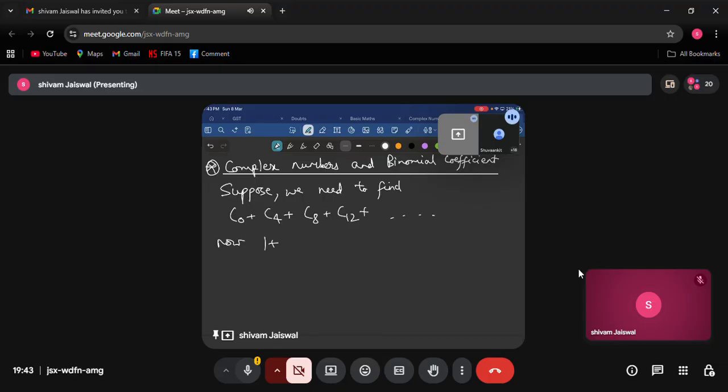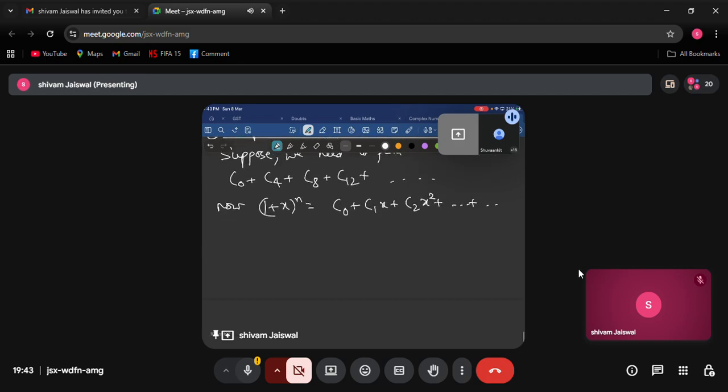Now, what is 1 plus x whole to the power n? C0 plus C1 into x plus C2 into x square plus dot dot dot. It goes on. So if I want to find C0 plus C2 plus C4 plus dot dot dot, I want to find out this expression.